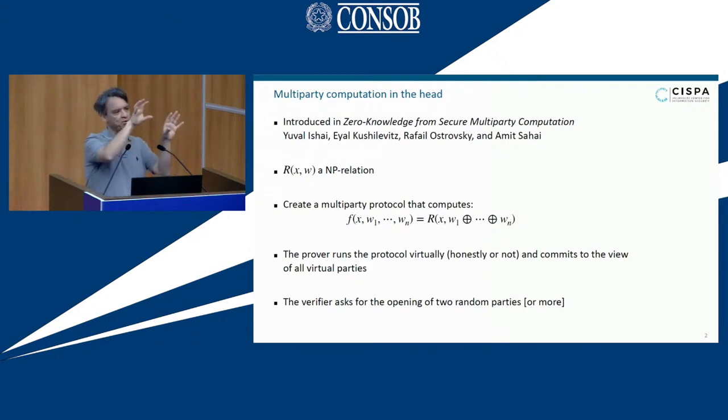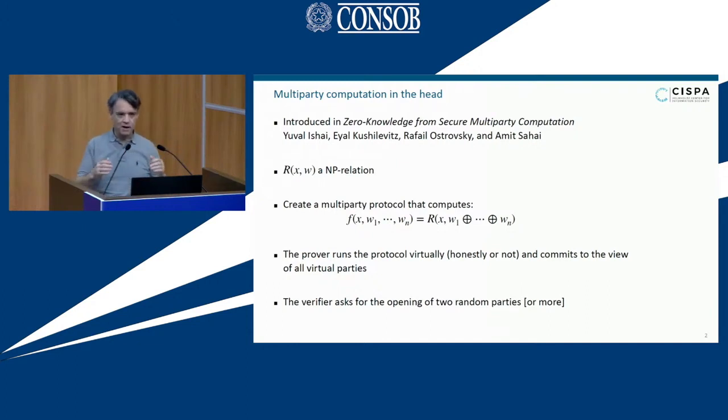So he opens one virtual machine for every party in the computation, and then he lets them run the protocol that checks that the witness is correctly shared. And once he has done this, he looks inside every machine. What is your history? What have you done? What have you seen? What message? What have you done? And he just commits to what is called the view of what the parties have done.